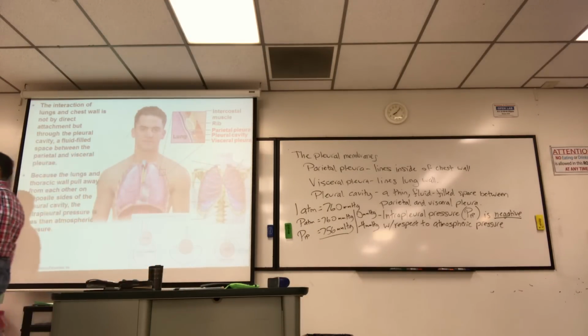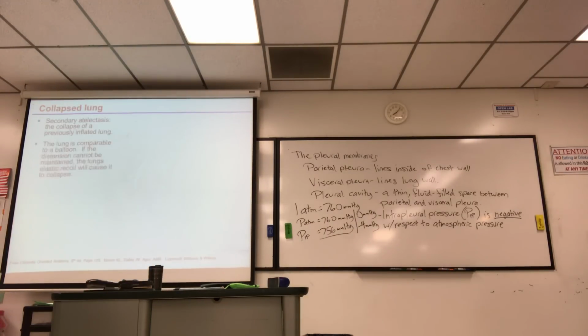So we got the pleura, we got the pressures, and this is a good place to talk about a collapsed lung. A collapsed lung is if you break that seal between lung and chest wall. Call it secondary atelectasis, which is the fancy way of saying collapsed lung. It's the collapse of a previously inflated lung. When did you first inflate your lungs in your life? When you're born?